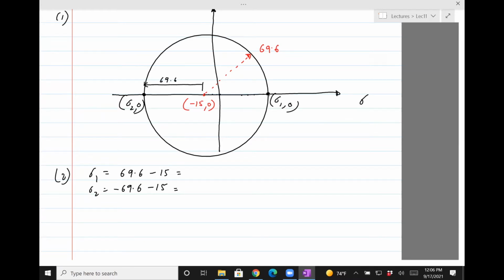So one of them is minus 84.6, and then the other one is 54.6 MPa.